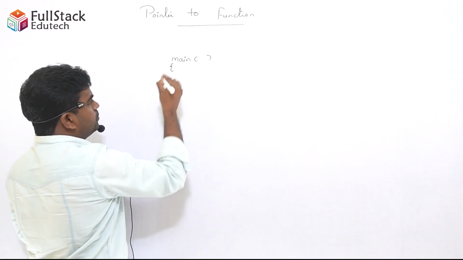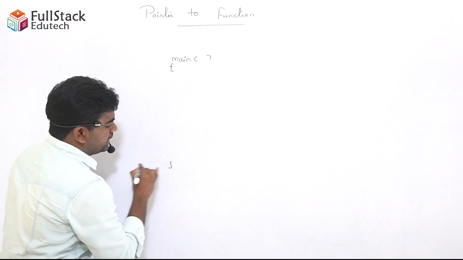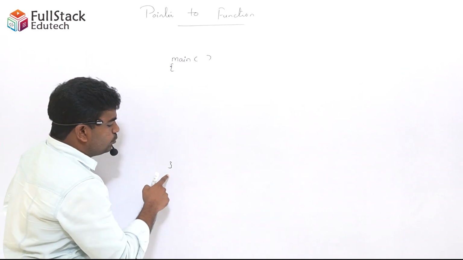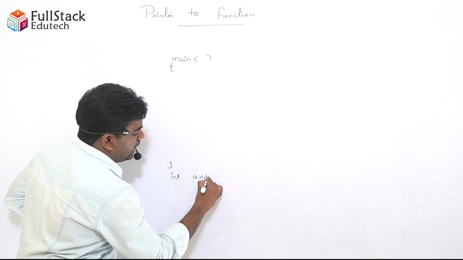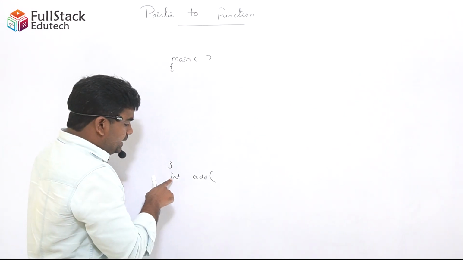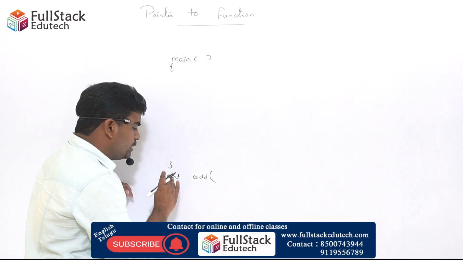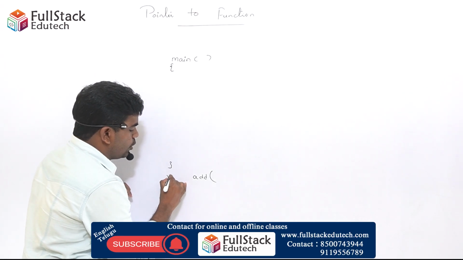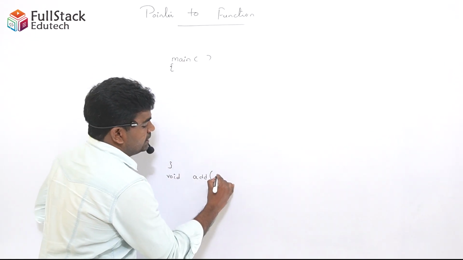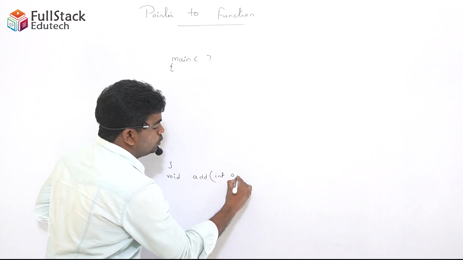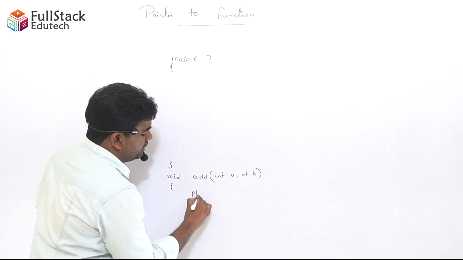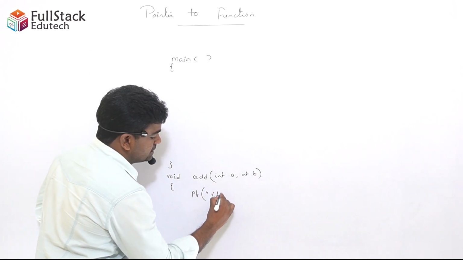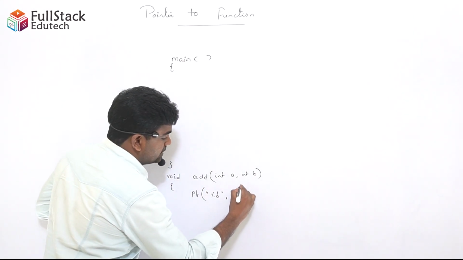Now, two more functions we are writing. One is an add function, add. It is not returning anything. It is just taking two integer values and it will print %d, a plus b.